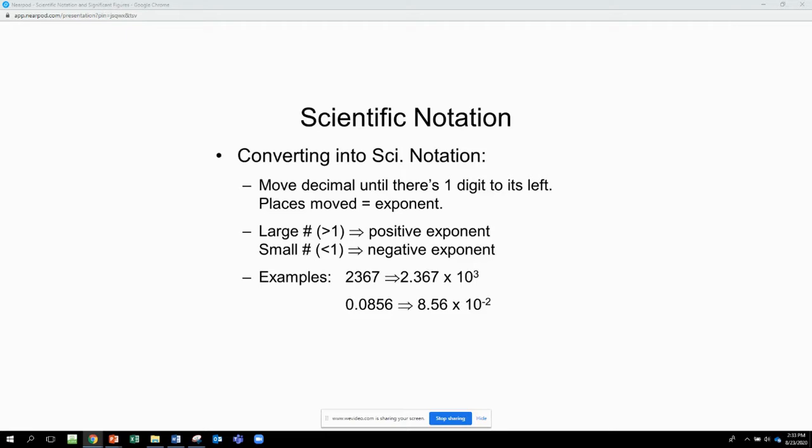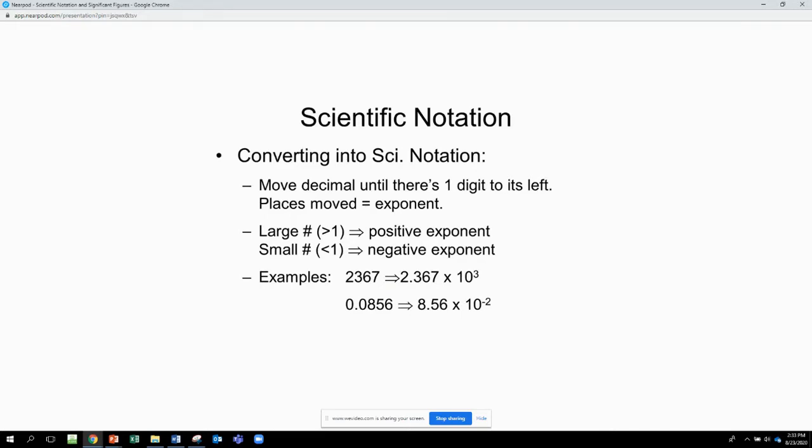Now we have to figure out how many spots we moved that decimal. It started behind the 7 and we moved it 1, 2, 3 spots. So your number is 2.367 times 10.